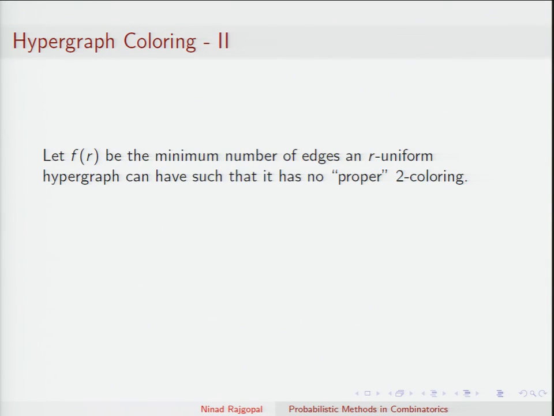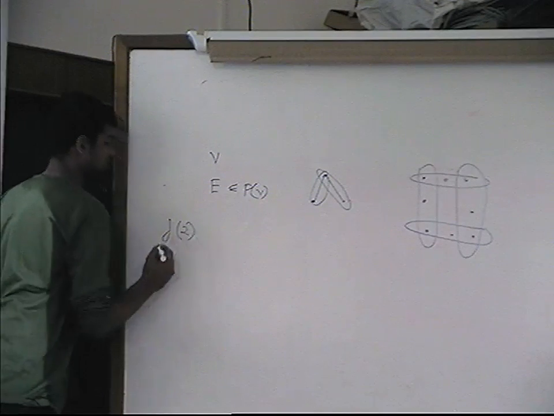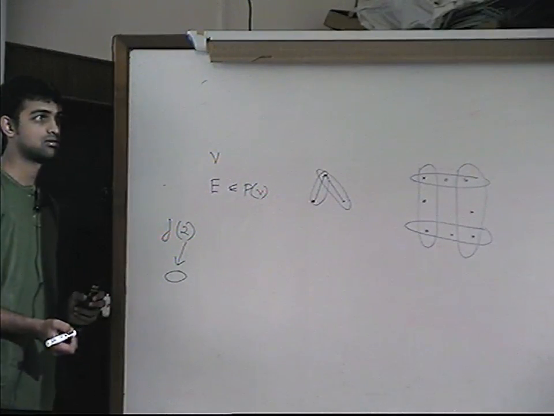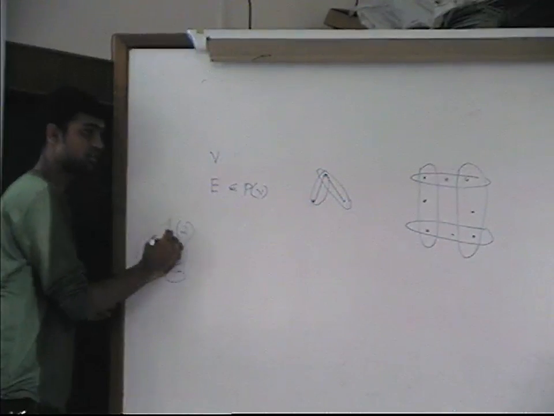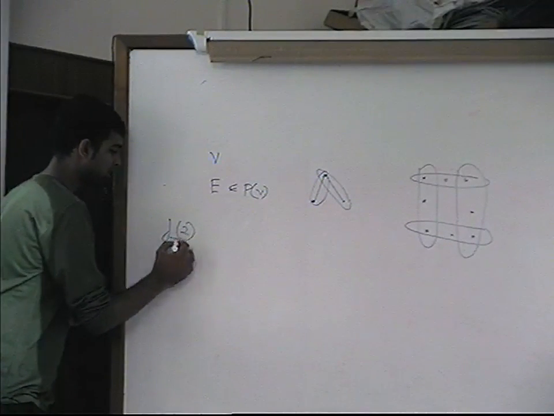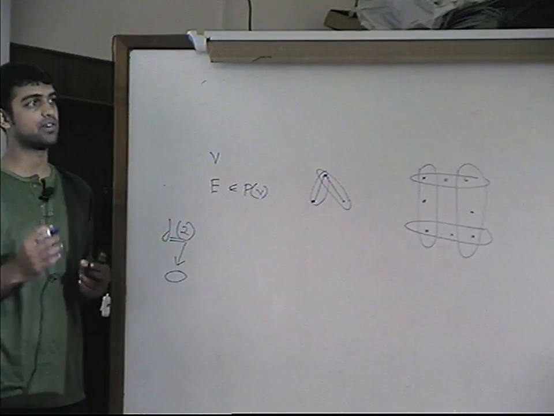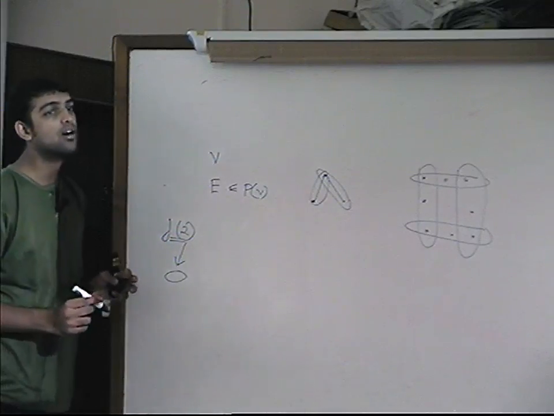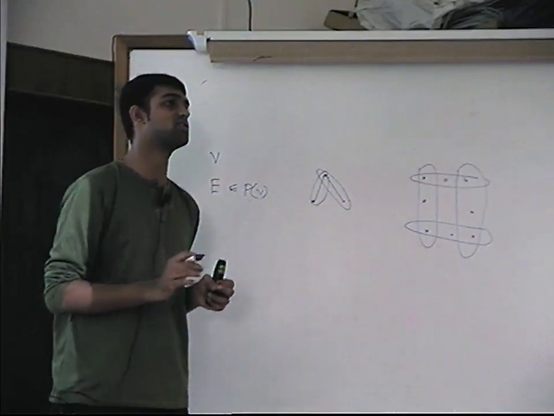So let f of r be the minimum number of edges an R uniform hypergraph can have, such that it has no proper two coloring. So as an example, what is f of 2? Where 2 is the cardinality of every edge. What is the minimum number of edges? So in this case, if I look at f of 2, it means what is the minimum number of edges a simple graph can have, such that it is not two colorable. I cannot color its vertices properly with two colors.